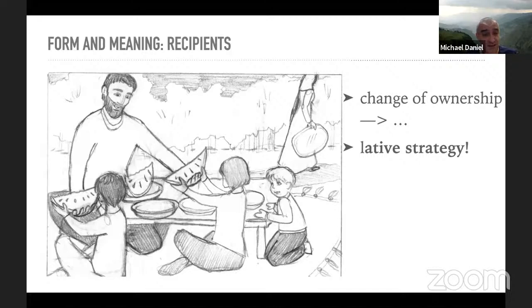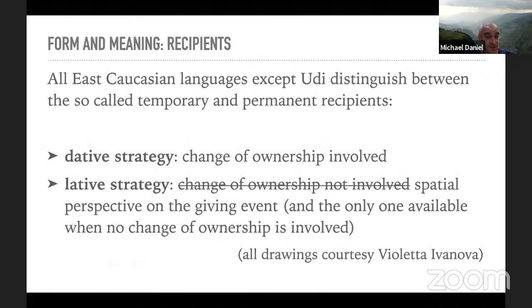Then, to recap this distinction, while dative strategy does involve change of ownership, it's not fully correct to say about lative strategy that change of ownership is not involved. It's simply that the spatial perspective on the event is taken, exactly as was the case discussed above for the temporary possessor.